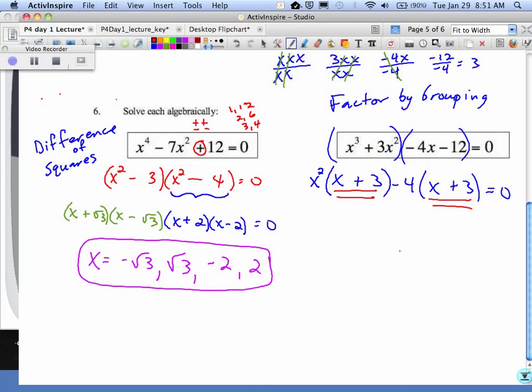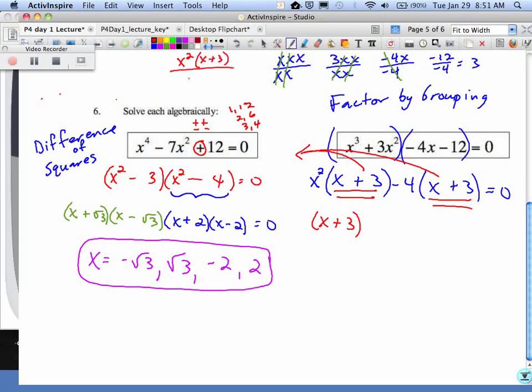What happens when you have x squared, x plus 3 divided by x plus 3? So again, when you factor it out front, what's left over? Just x squared. Do the same thing with the negative 4 and the x plus 3.